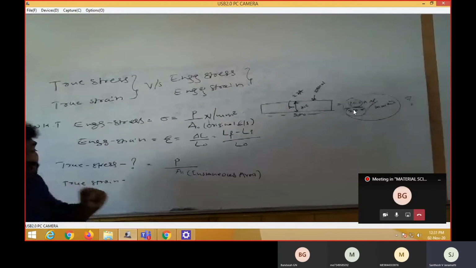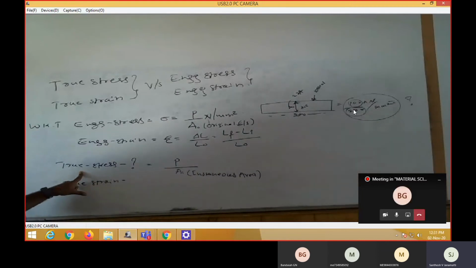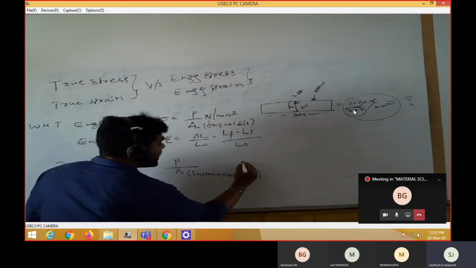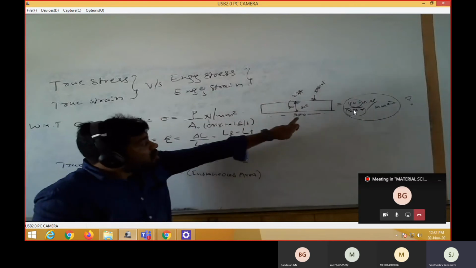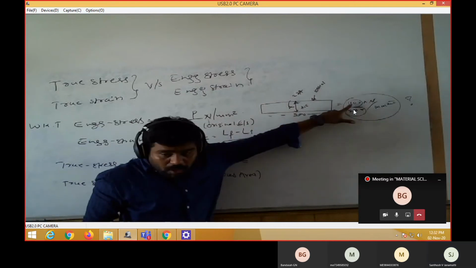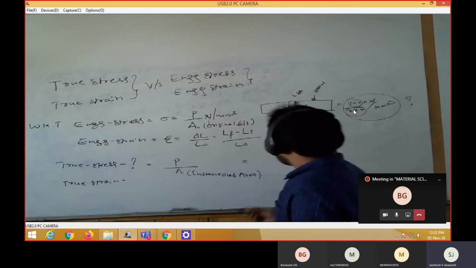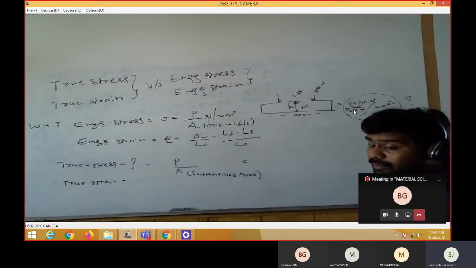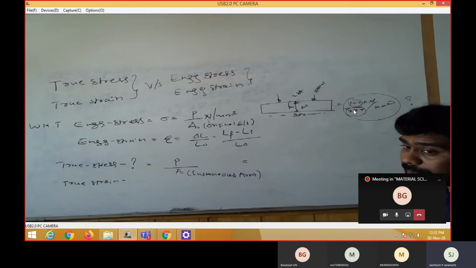But if you want to calculate the true stress, we need to know what exactly the stress is in that situation, so we cannot take the original cross-sectional area. After applying 100 kilonewton over the sample, what will happen to that sample?